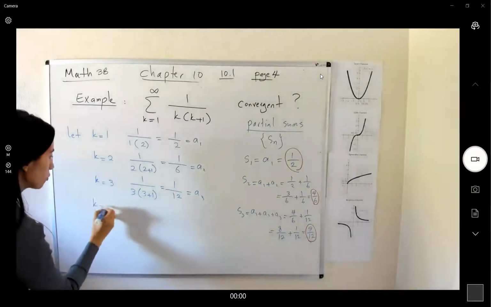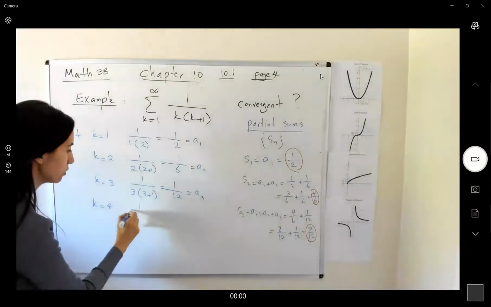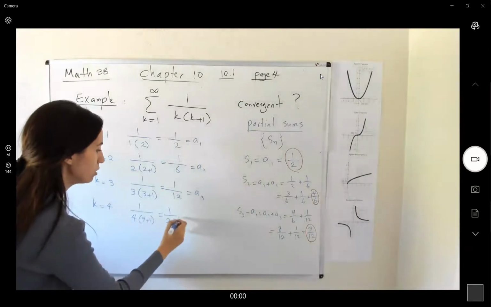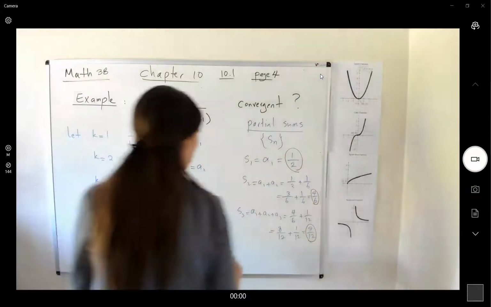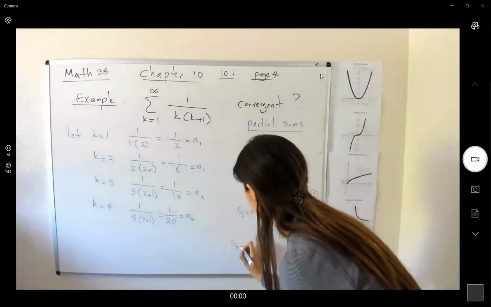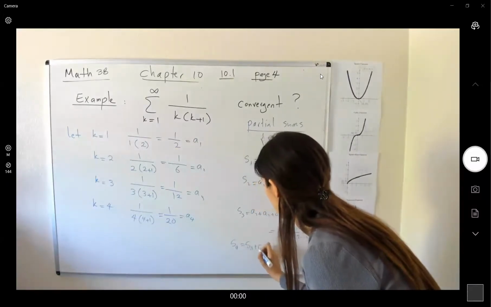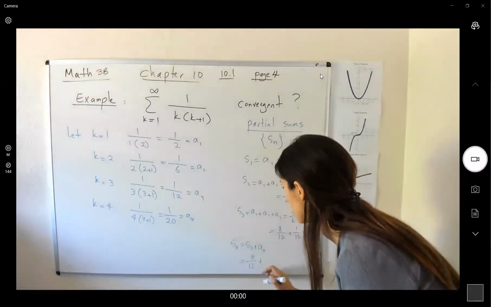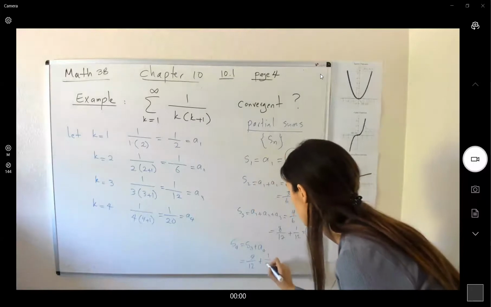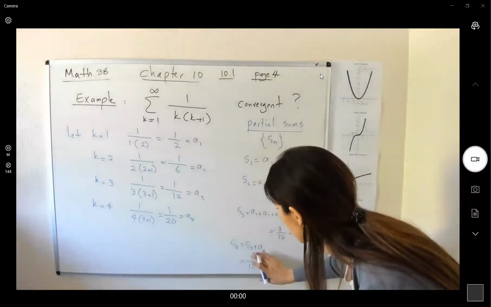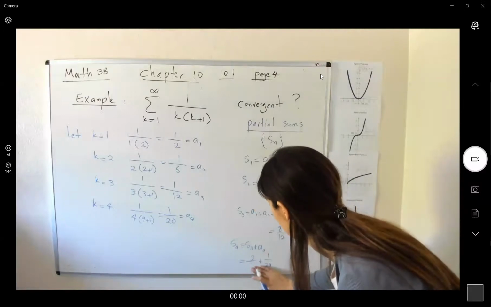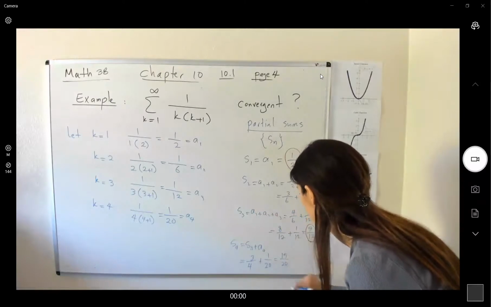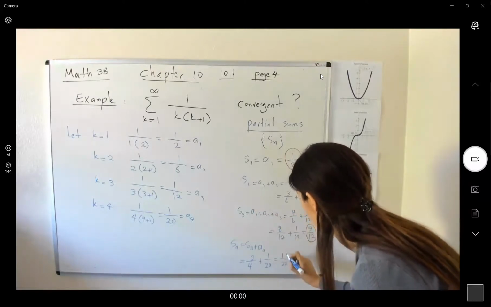If k is equal to 4, let me write this out for you as well. 1 over 4 times 4 plus 1, which is 1 over 20. So we can form S sub 4, which is S sub 3 plus a sub 4. This is 9 over 12 plus 1 over 20. If you simplify this, you get 3 over 4, which is 15 over 20, plus 1 over 20, 16 over 20.